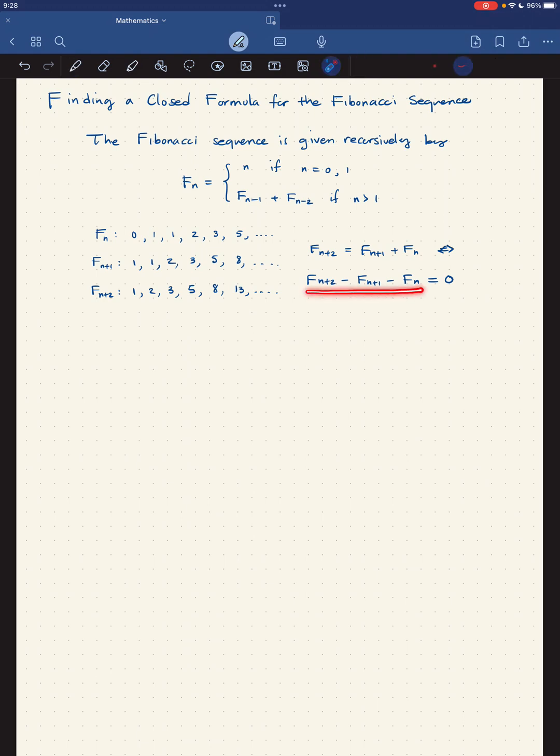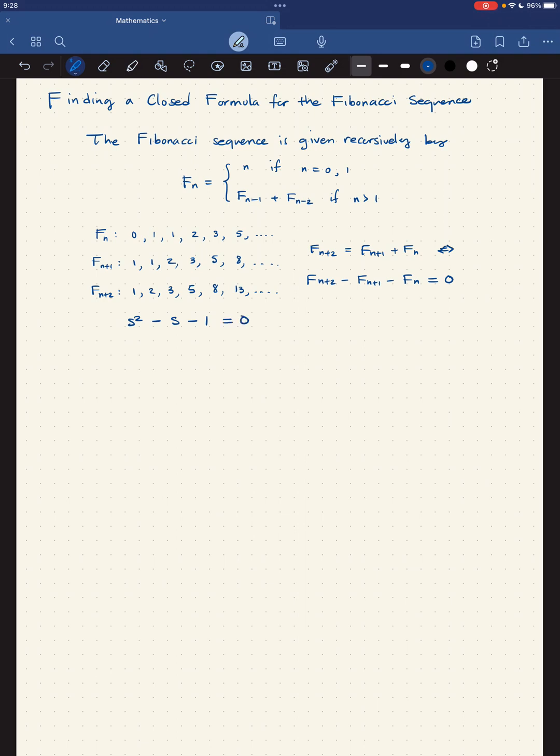What this is saying is that if you treat the entire sequence as a single entity, you may view it in this fashion: if I shift twice and I subtract what I get by shifting once, and I subtract the original sequence, I get 0.